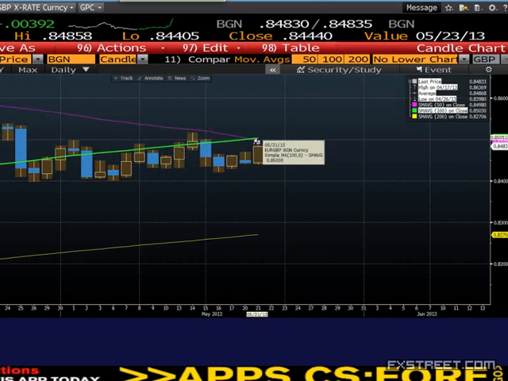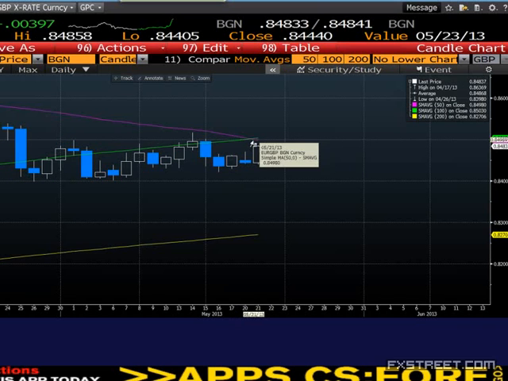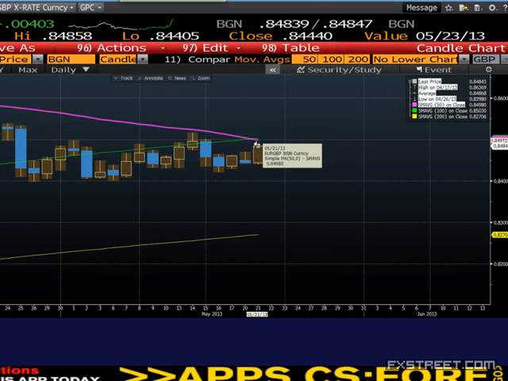But we are approaching some key resistance, 84.95, which is a convergence of the 100-day, the 200-day and the 50-day moving average. Now, as you can see, the 50-day does look like it's just about crossed below that 100-day, but because of this move higher that we're experiencing at the moment, that's not really in play.